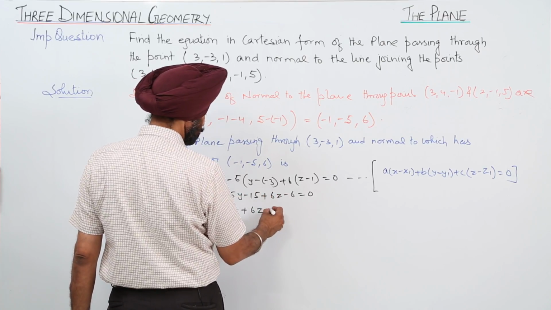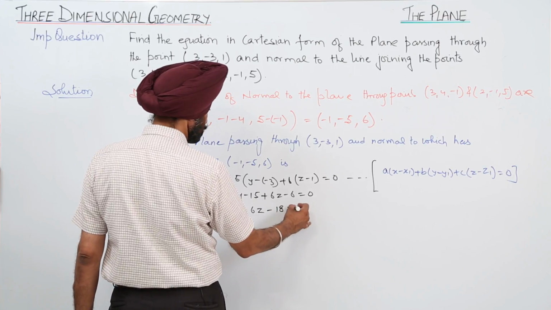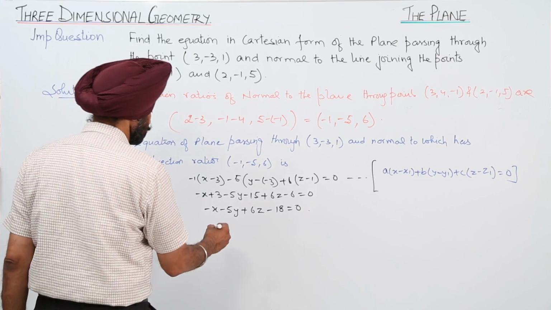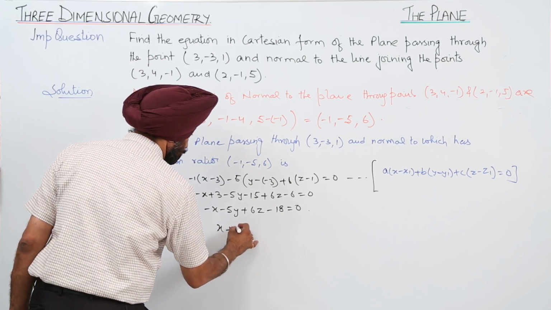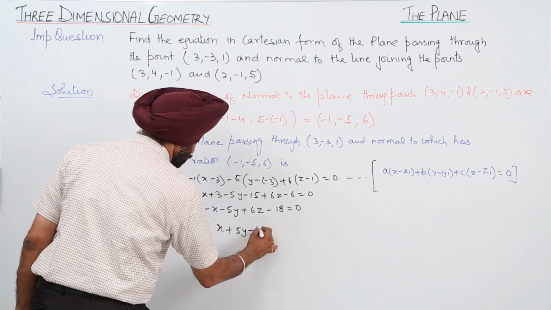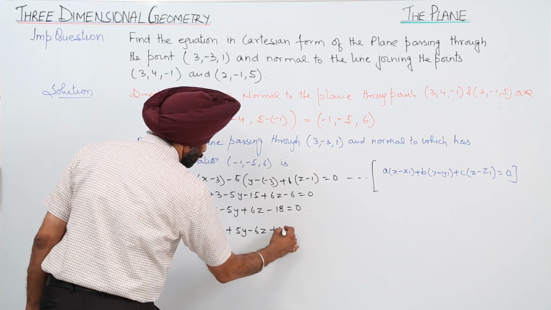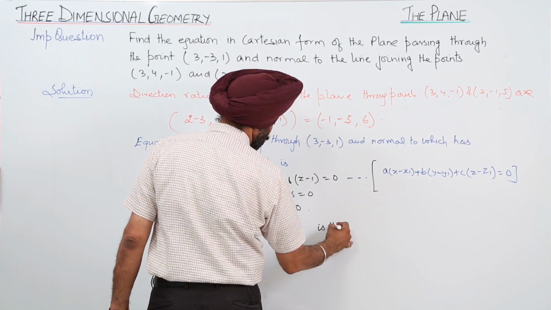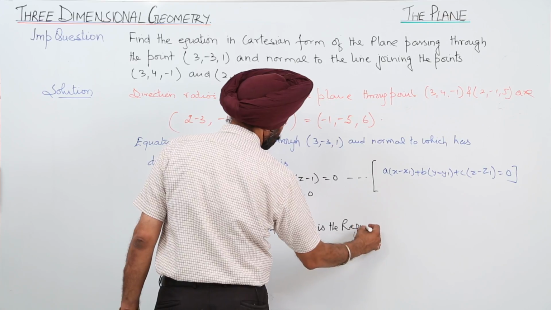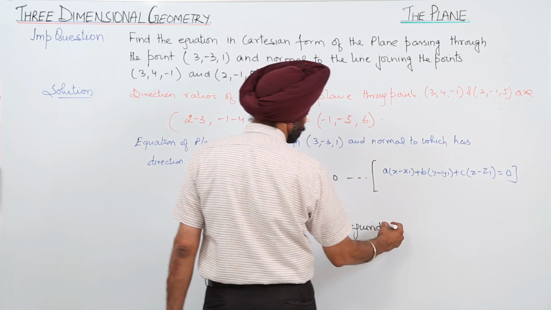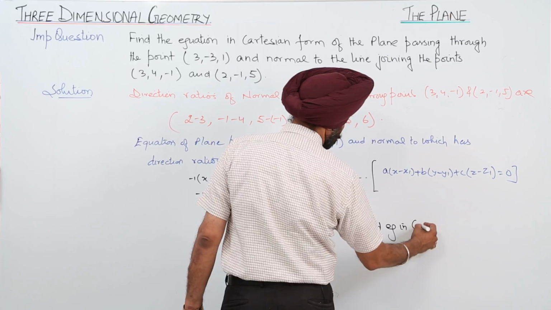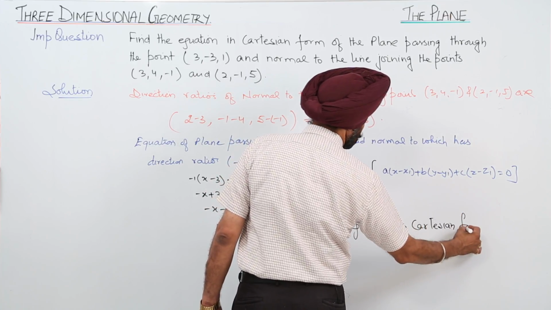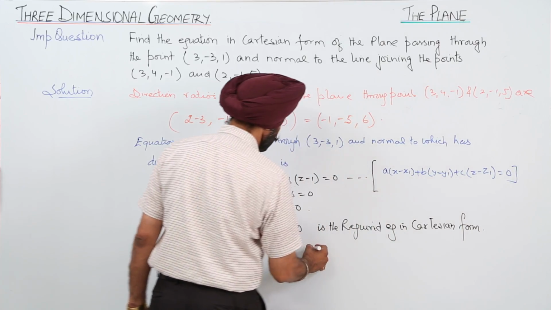So, we have minus 18 is equal to 0, or we can write it x plus 5y minus 6z plus 18 is equal to 0, is the required equation in Cartesian form. Answer.